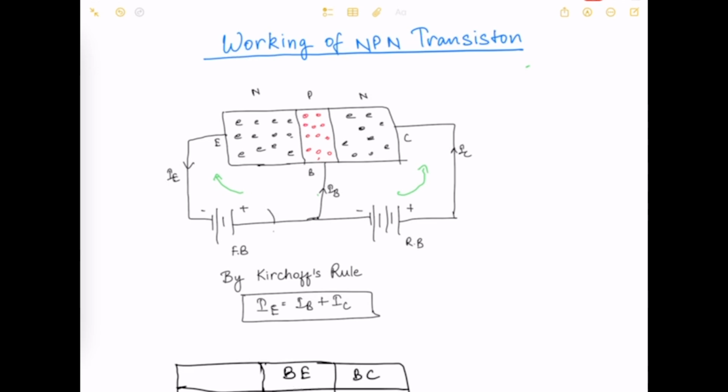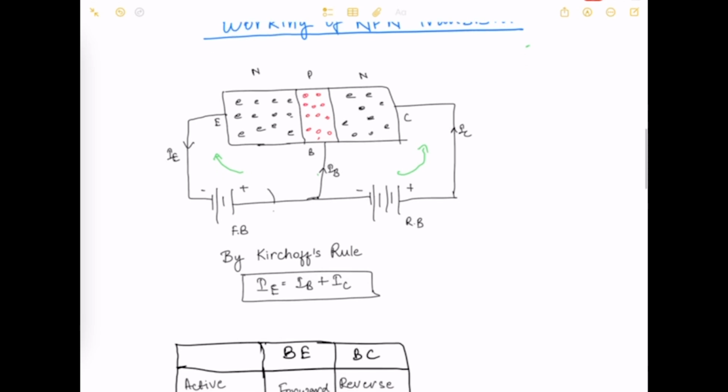The electrons, the majority carrier of the N type, repel and move towards the P region, and similarly holes, the majority carriers of the P type region, move towards the N type. Electrons move and combine with holes in the base, and as the base is lightly doped and the emitter is highly doped, some electrons combine with the holes and the rest of the electrons move towards the collector region.